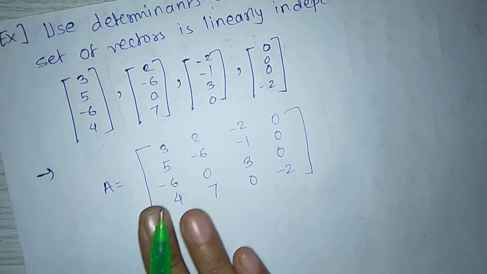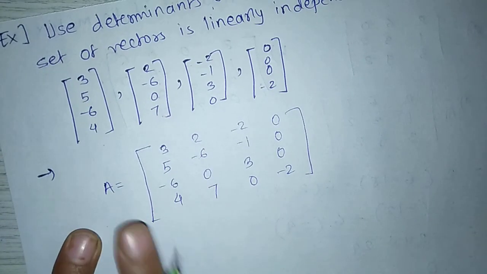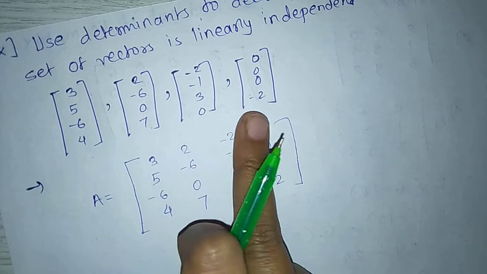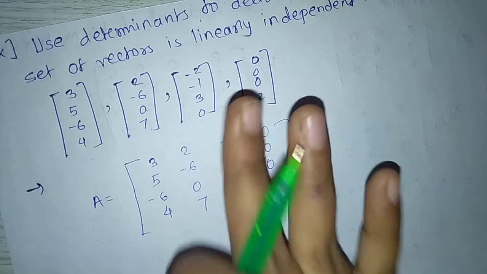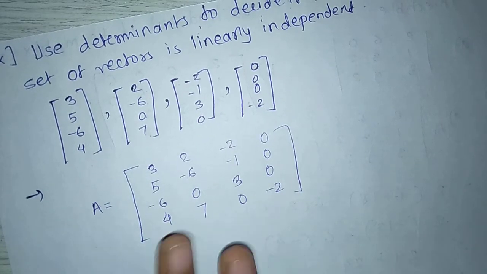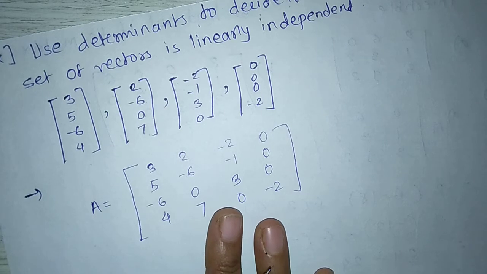If we get determinant of A equal to 0, then the given vectors are linearly dependent, and if the determinant of this matrix is not equal to 0, then the given set of vectors is linearly independent.